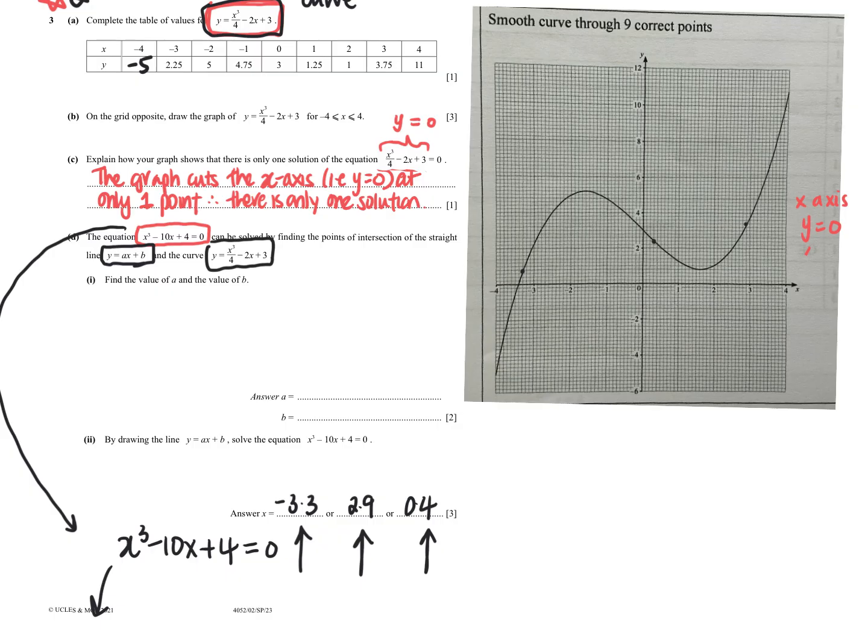Draw your line that passes through these 3 points. So when you draw, you get at least these 3 marks because they saw the line you draw. Then they ask, can you find the value of A and B?